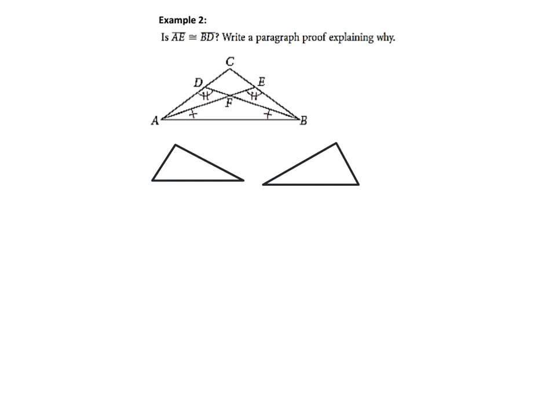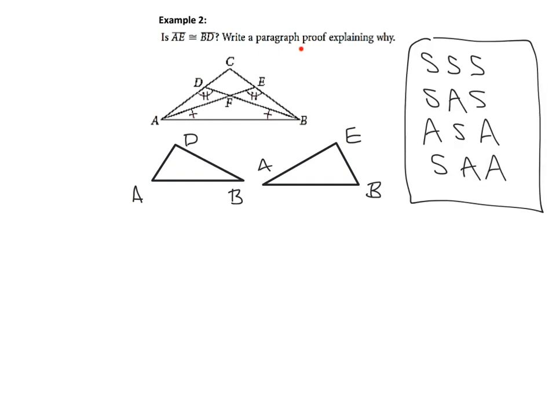I drew the two triangles, so now I need to label them. A, D, B, B, E, A. Alright, so remember to write a paragraph proof, I need 3 parts of these two triangles to be congruent. So either side, side, side; side, angle, side; angle, side, angle; or side, angle, angle.